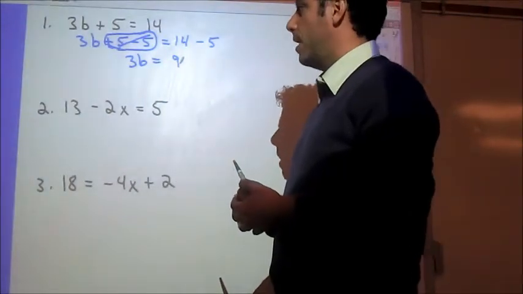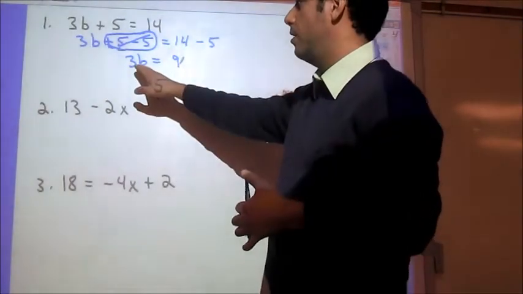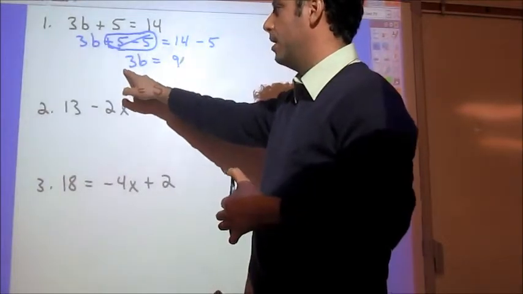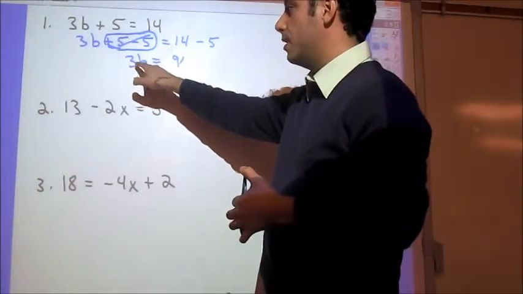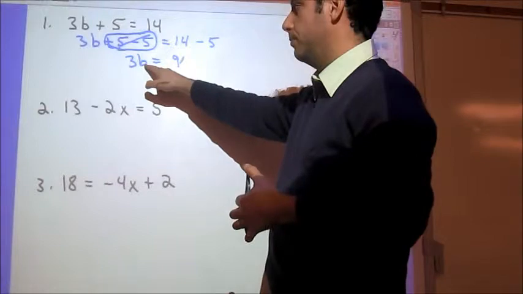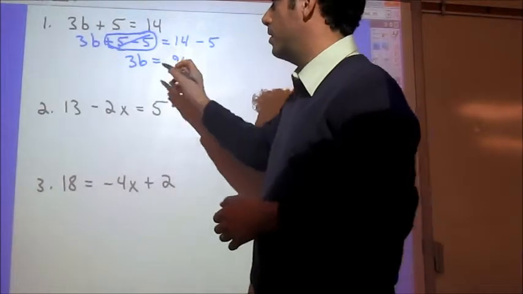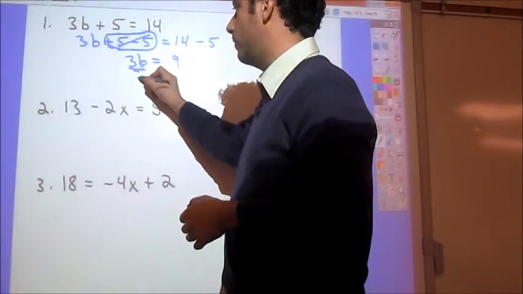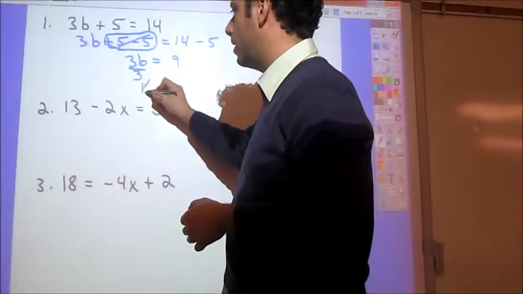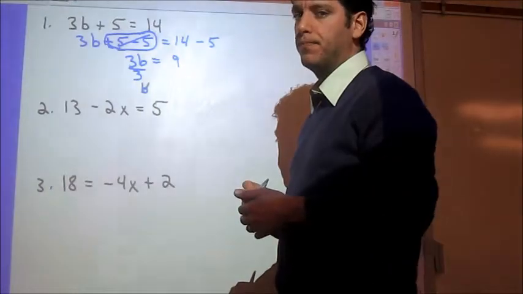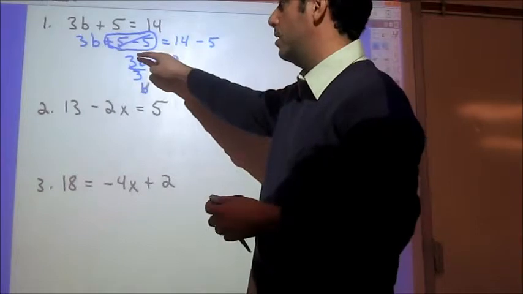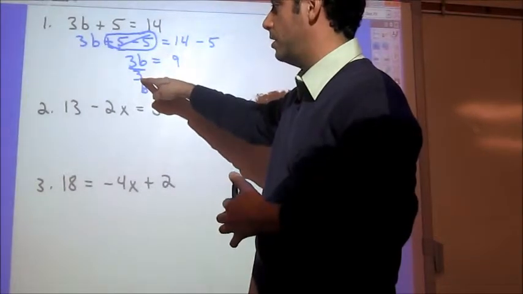Now, what we're left with is what we call a coefficient. A coefficient is a number that is multiplied by the variable. What you can do is divide by the coefficient to get one of them. If you think about this, 3 divided by 3 is 1.